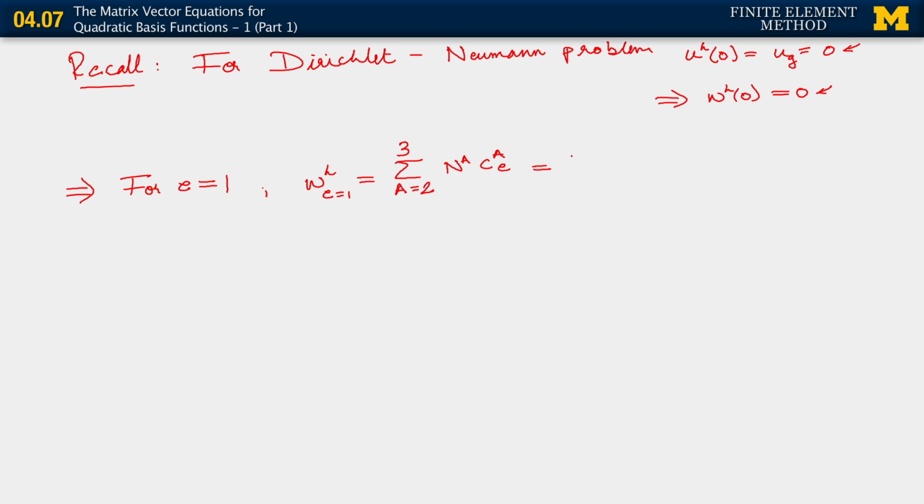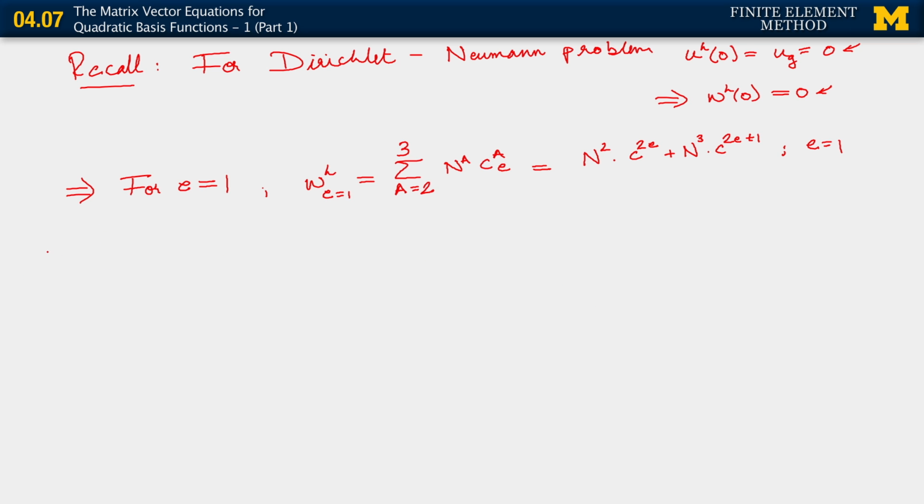We will use the fact that this thing can be written explicitly as N2 times C2E plus N3 times C2E plus 1 for E equals 1. Okay, we're going to use this. Where do we use it?